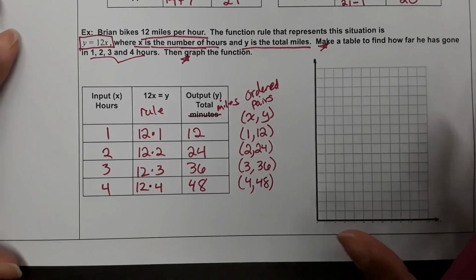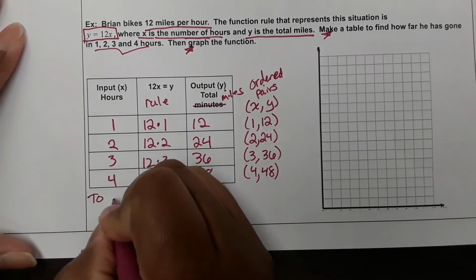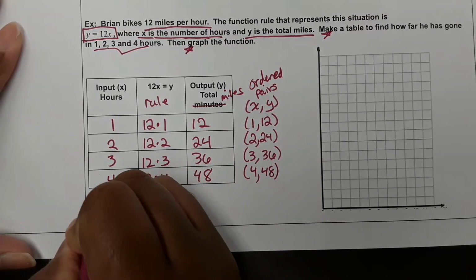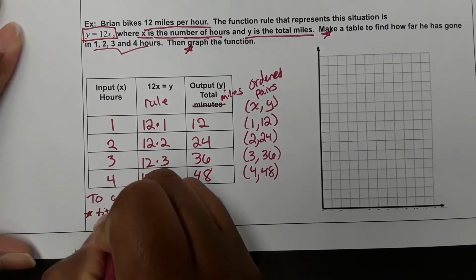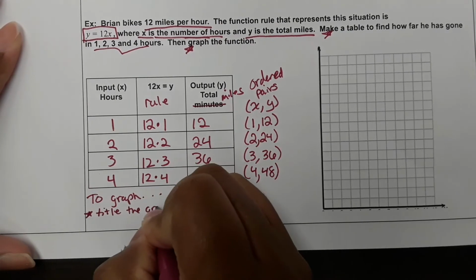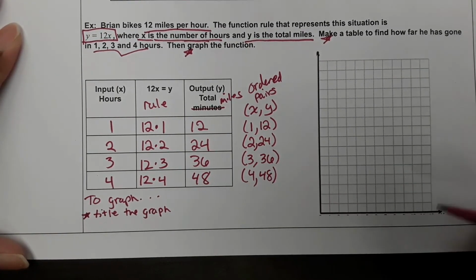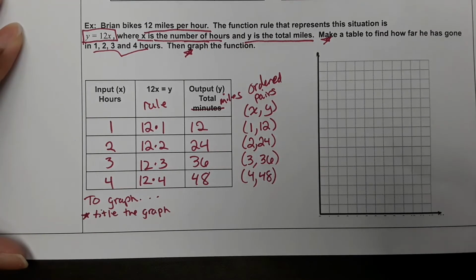When we're graphing, we want to make sure that we, one, title our graph. We want the reader to know exactly what is being pictured, shown through a picture here. So we want to make sure we title it.